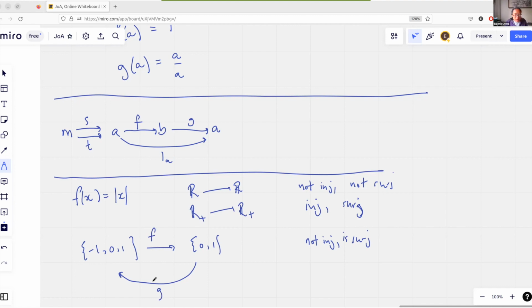And here is where we can find something in the preimage. I believe that's what happens on page 202. Right, so here we construct a splitting by finding the pre-images. What's in the pre-image of 0? The only thing in the pre-image of 0 is 0, so 0 has to go to 0. Whereas what's in the pre-image of 1? Well, -1 and 1 both go to 1, so those things are both in the pre-image of 1.